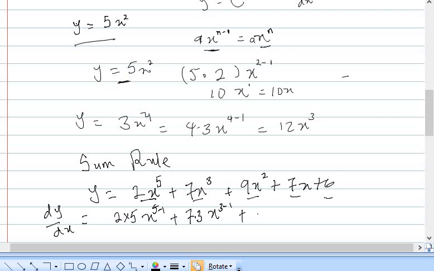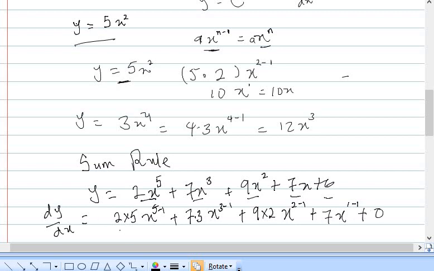This time you can see 9 times 2, then we have x to the power of 2 minus 1. Then for the next term we have 7x raised to the power of 1 minus 1. Then if you multiply by the coefficient, 1 times 7 is 7, and then the differential of the constant term is 0.